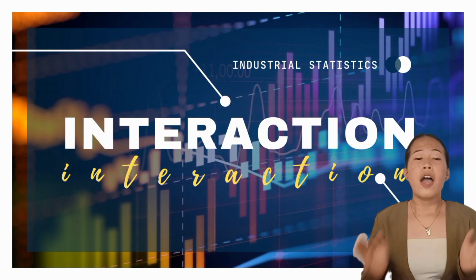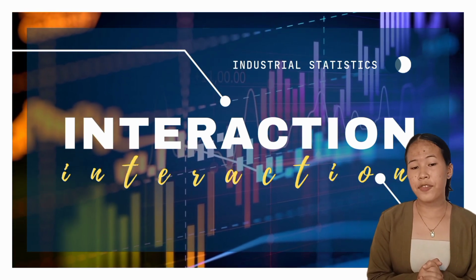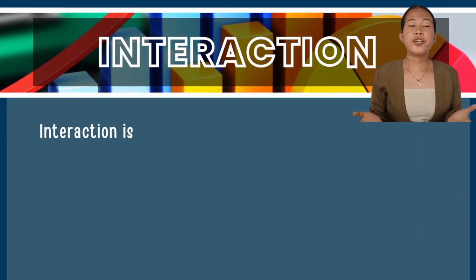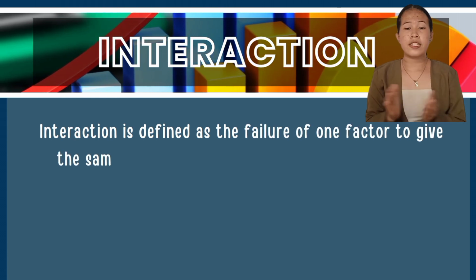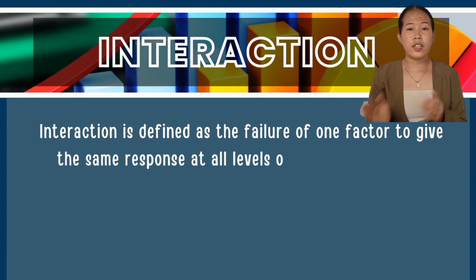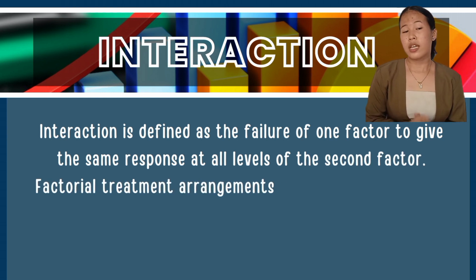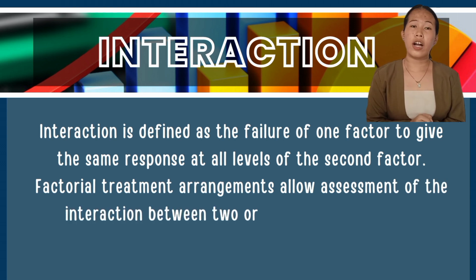So, interaction occurs when the effects of one treatment vary according to the levels of the other treatment. Interaction is defined as the failure of one factor to give the same response at all levels of the second factor. Factorial treatment arrangements allow assessment of the interaction between 2 or more factors.